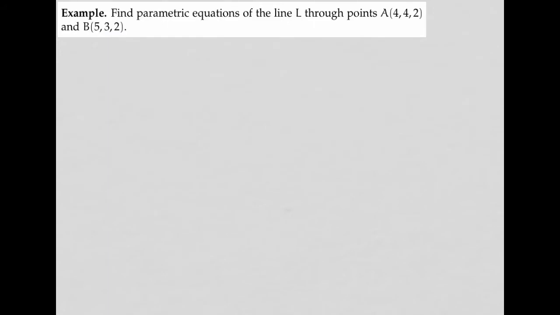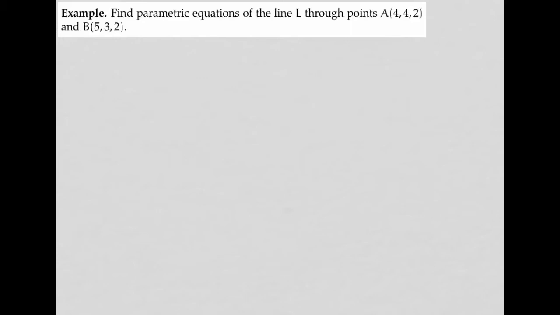Find parametric equations of the line through points A with coordinates 4, 4, 2 and B with coordinates 5, 3, 2. We have 2 points on the line, but we don't have a parallel vector given to us explicitly. But we can make use of the 2 points to come up with the parallel vector, like so.